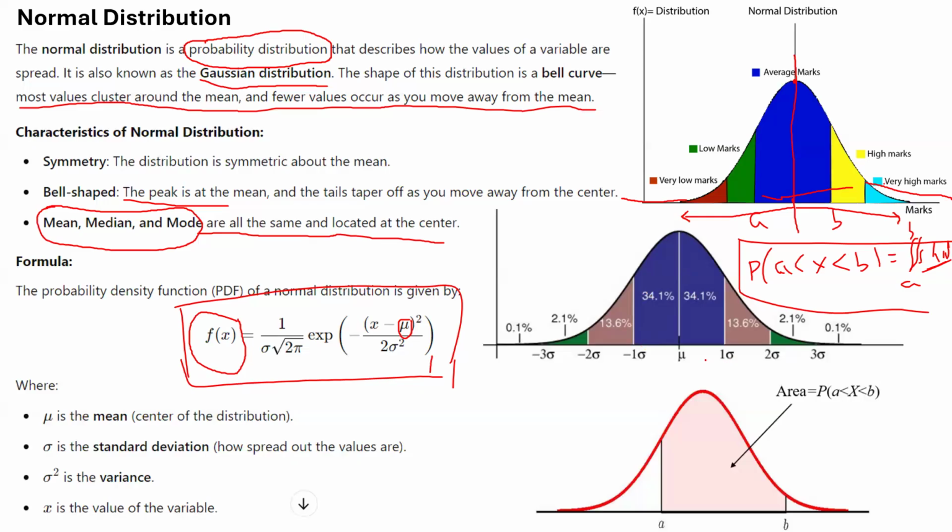From the mean, if you go 1 standard deviation, you will have 68% of the data. When you go to 2 standard deviations, you will get 95% of the data.